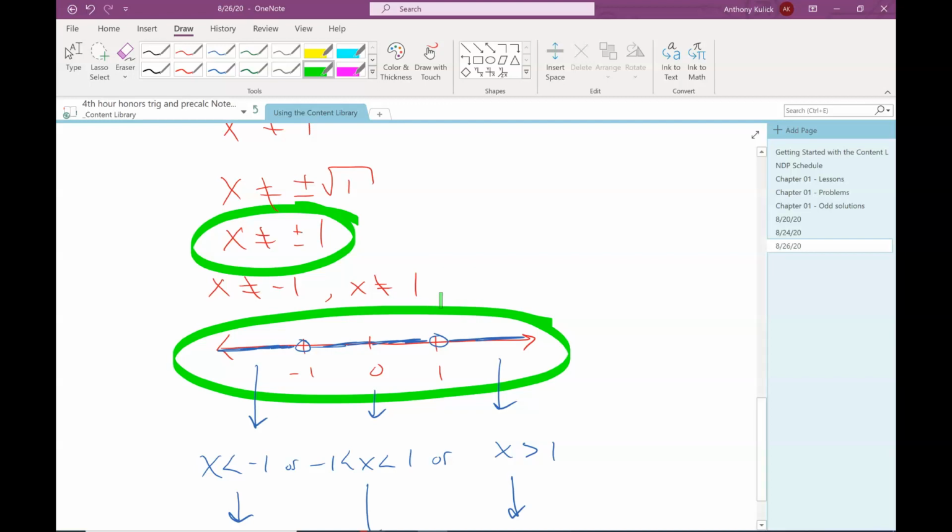So just as a suggestion, that's often a nice way to visualize what it is you're doing. I find that students do better when they have a picture to reference than trying to do it all from their head.